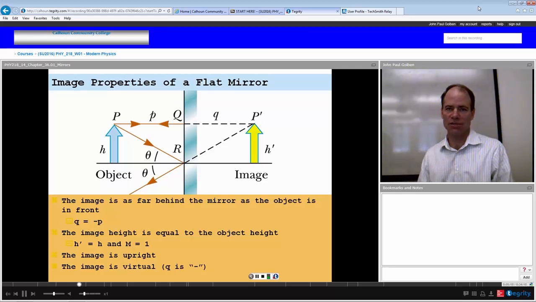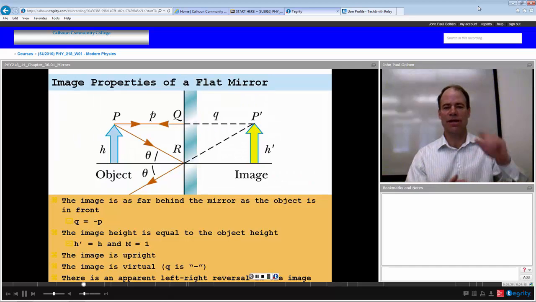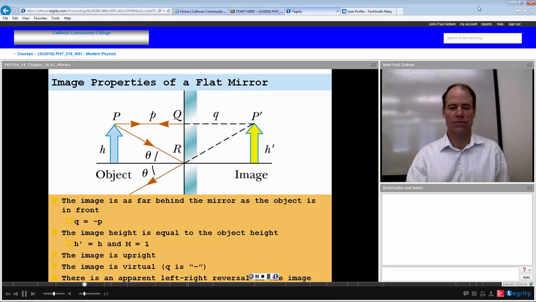Because our image distance is negative, the image is going to be virtual, meaning it's not being comprised of real rays. The outgoing rays are not on that side where the image is. So it is a virtual image. And we have this apparent left to right reversal, but not up and down. So up and down it is strictly a true image, but left to right reversal to the side.